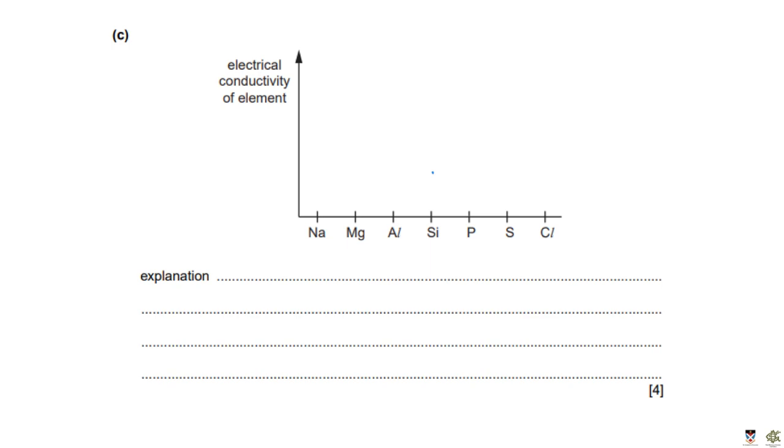And then phosphorus, sulfur, and chlorine, we know are electrical insulators, so they won't conduct at all. So the trend will be an increase from sodium through magnesium to aluminium, and then we drop to the semiconductor silicon, and then it drops to 0 for phosphorus, sulfur, and chlorine.